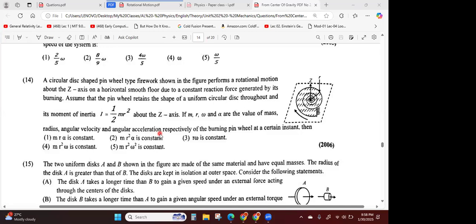I think I'm having a connection issue. Do the 14th one.